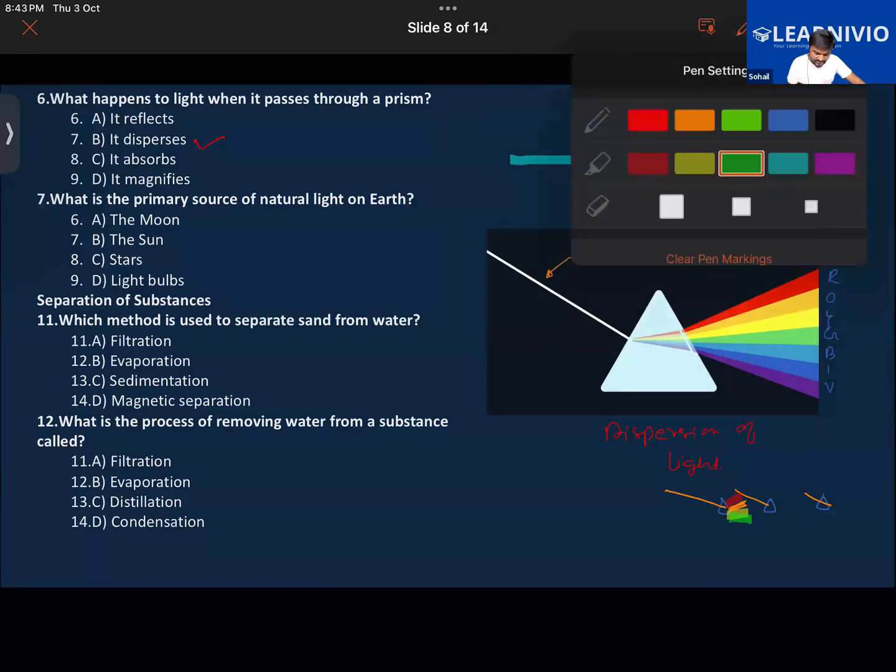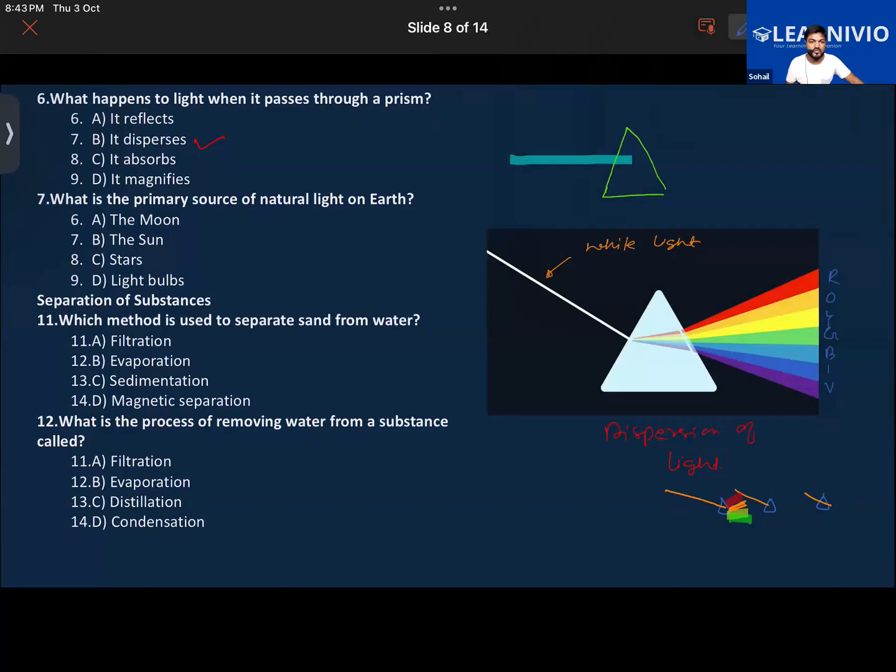Getting it now? So that is how rainbows are formed. There also dispersion of light occurs. You understood this or not? Okay, no? So that is the case.